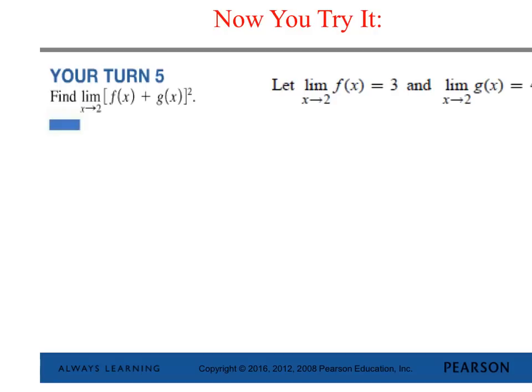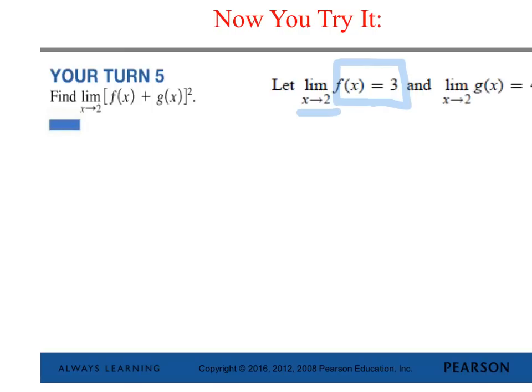If you've got two functions, one of those two functions is f of x, and the limit as x approaches 2 of that function is 3. We don't know the name of the function, we don't know the equation of the function, but we know the limit as that function's x value approaches 2 is 3.